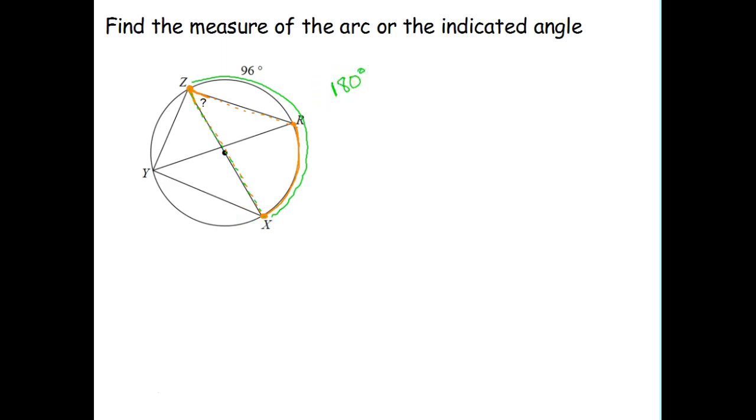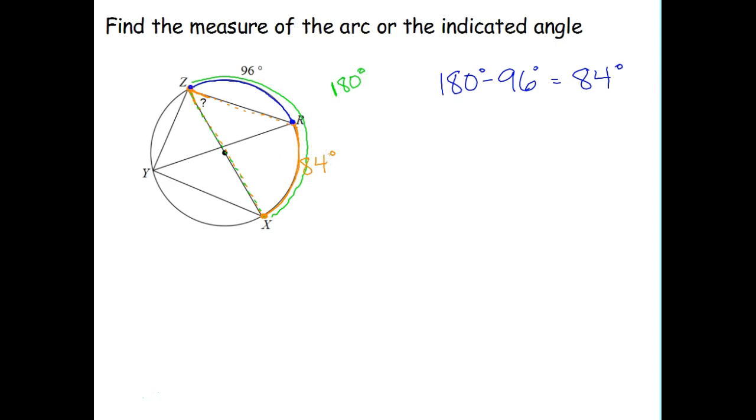We know that this arc from Z to R is 96 degrees. So in order to find out what R to X is, we just have to take 180 minus 96, which is equal to 84. So that means from R to X is 84 degrees.